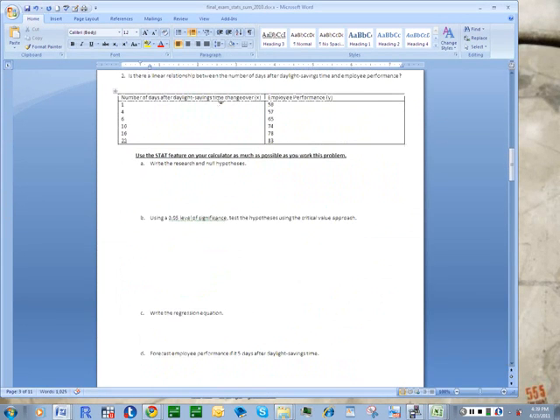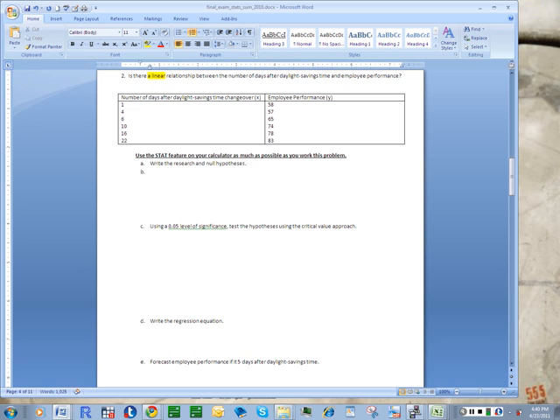So on number 2, it says, is there a linear relationship between number of days, that's quantitative, and employee performance, that's quantitative? And we want to use the stat feature whenever we can on this. So I'm going to write the hypotheses here. HA is, do this the easy way.